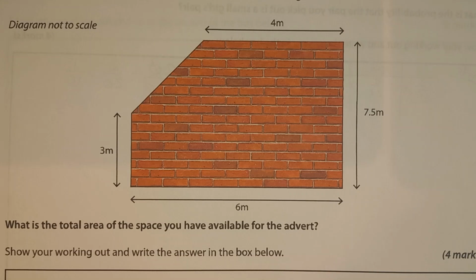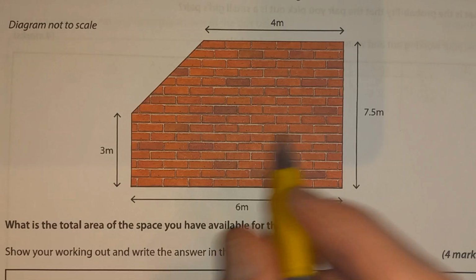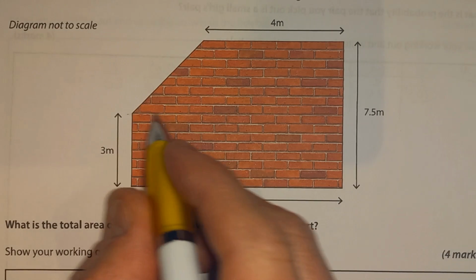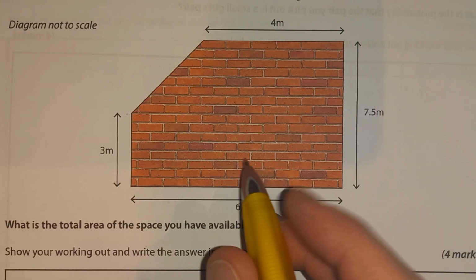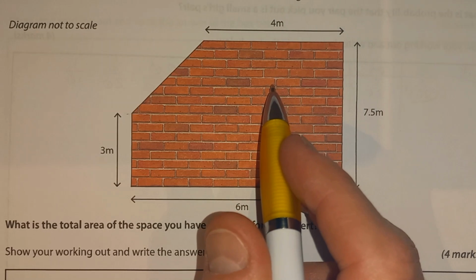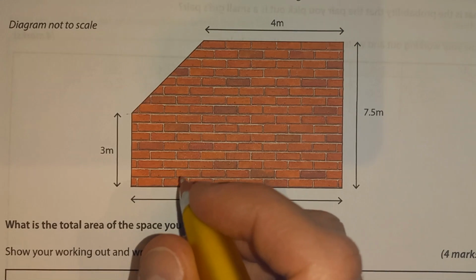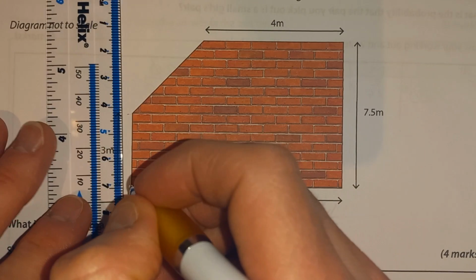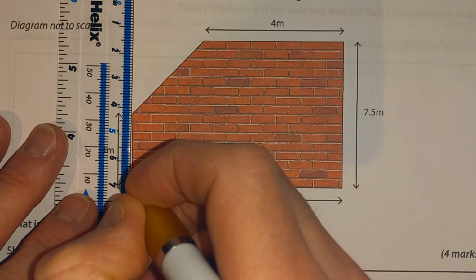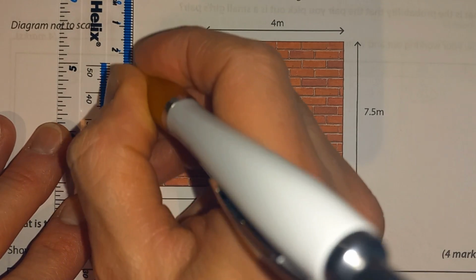Right, so a couple of ways of doing this. We could split the shape up. So I could cut it across here and say we've got a rectangle and we've got a trapezium, and you could do it that way. But I think the way I'm going to do this is say, imagine that we've got one large rectangle. So this corner wasn't chopped off.